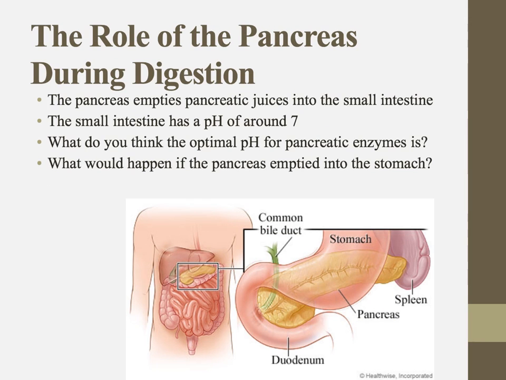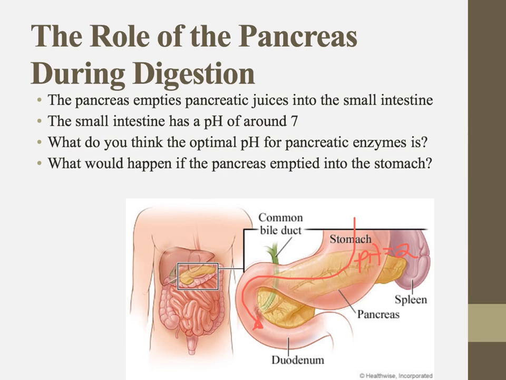Okay, so here's a little bit closer look at that common bile duct we were talking about before. The duct here from the pancreas joins the bile duct, and they both squirt into the small intestine. The only problem with that is that the food has just come from the stomach. So the food is going this way through the stomach into the small intestine. And inside of the stomach, we have a pH of around 2.